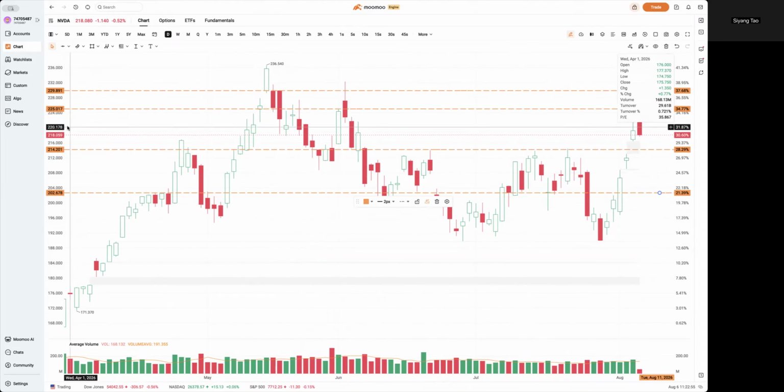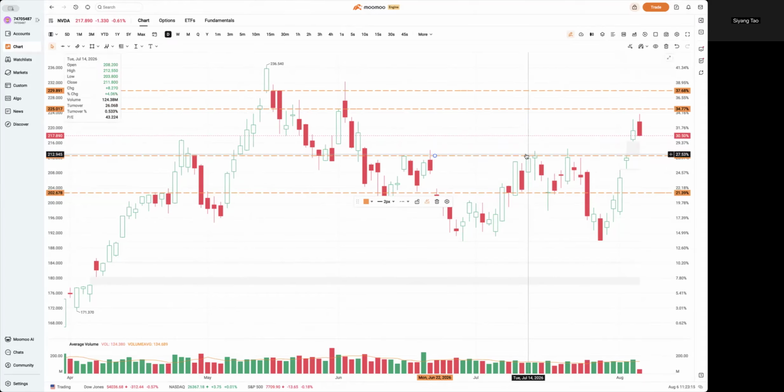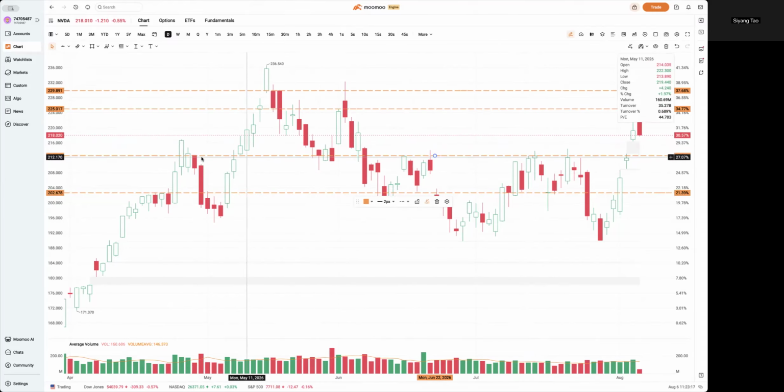The nearest structural floor becomes a defined support zone from around 203 to 214. Some of you may move it down a little bit to 212 because it covers most of the body right here.